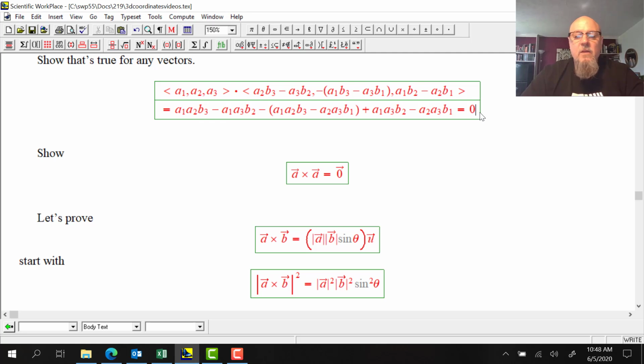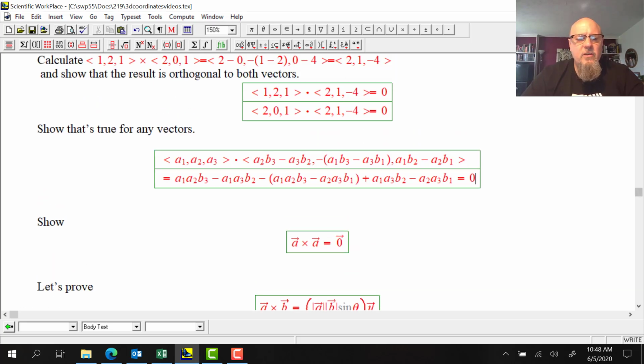Okay, so do I have to go through and also check for the vector B? So this would be a B1, B2, B3. Yeah, you could, to show it's true for any of the vectors. But instead of brute forcing the math, let's take a look at the actual cross product formula and see what happens.